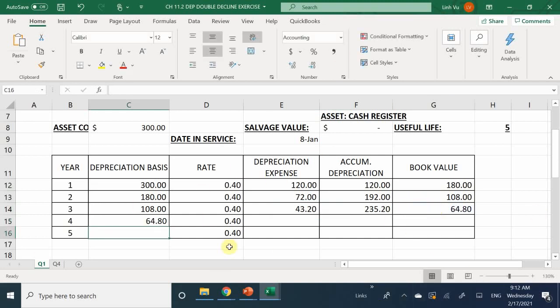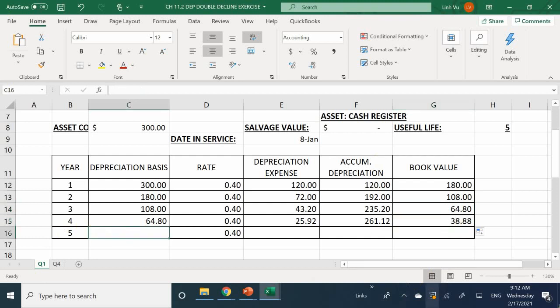Then what is 40% of 64.80? 25.92, making my accumulated depreciation 261.12, bringing my book value to 38.88.